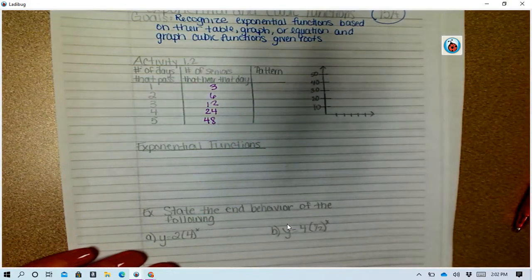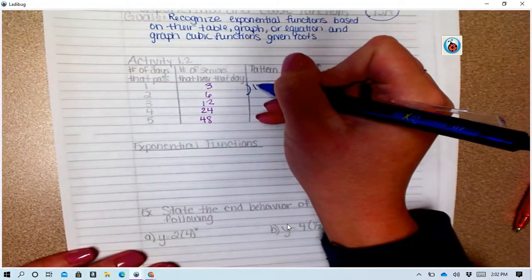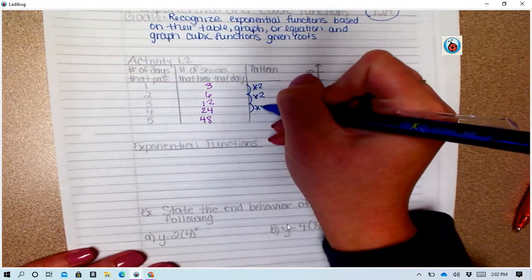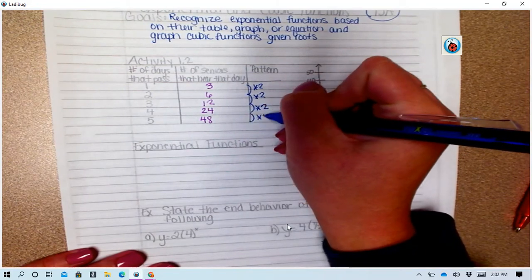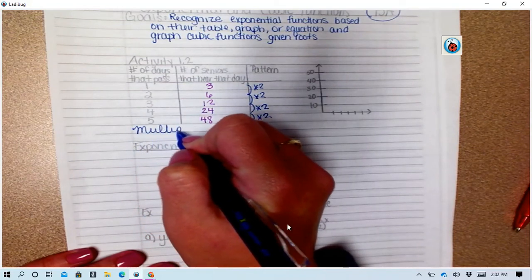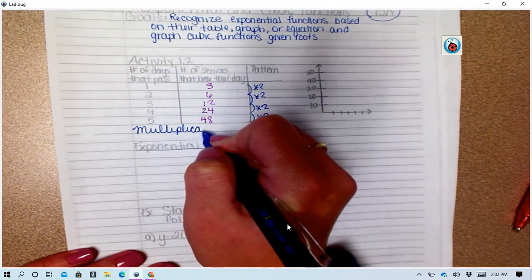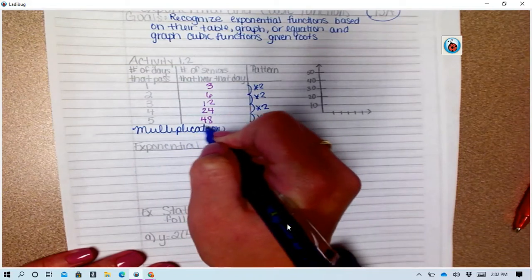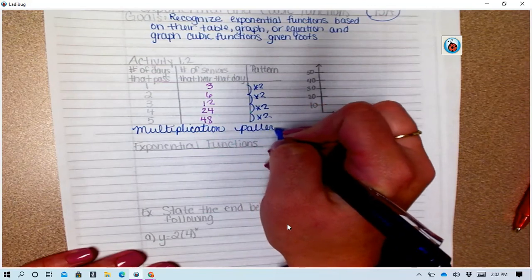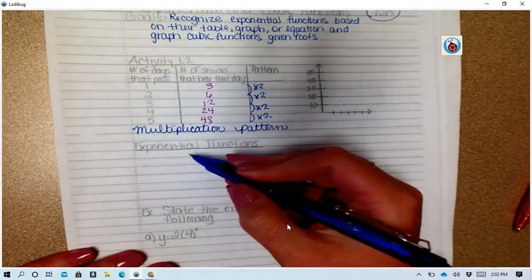So what is the pattern here? We're multiplying by 2, and then multiplying by 2, and then multiplying by 2, and then multiplying by 2 again. So there is a multiplication pattern. And anytime there is a multiplication pattern, then it is going to be exponential.